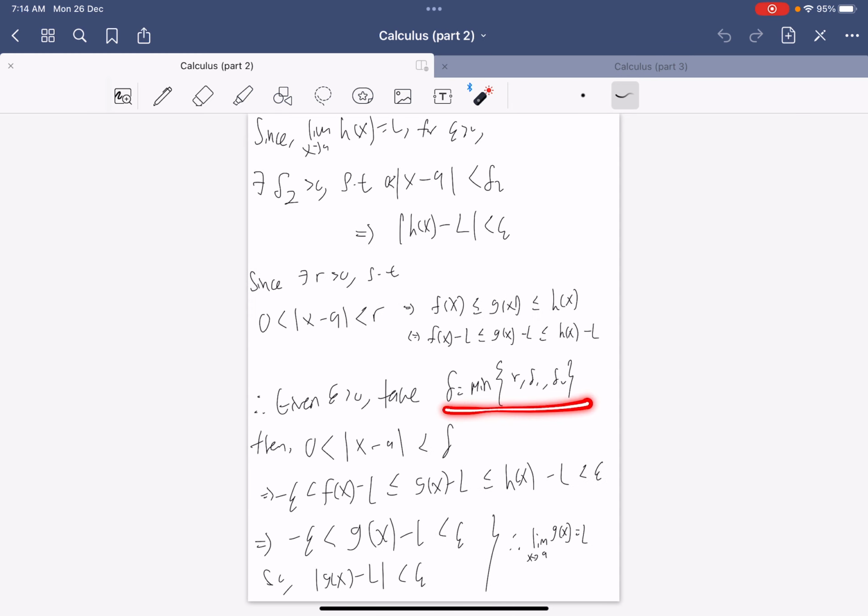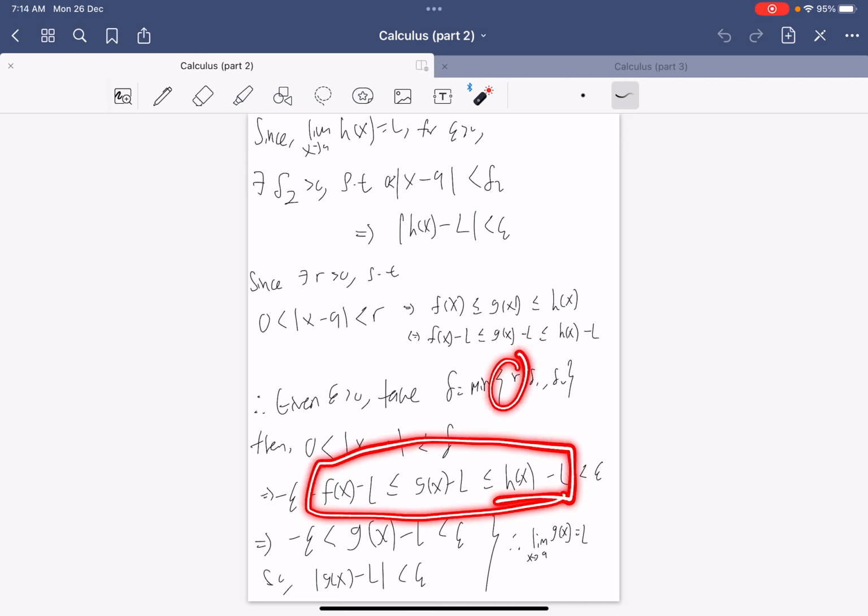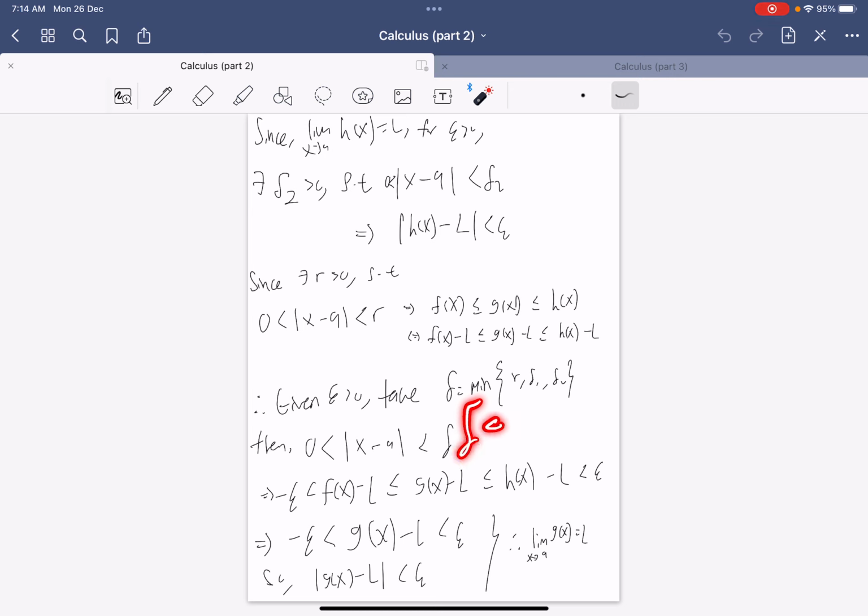so we take the minimum. It means that f(x) minus L is less than g(x) minus L, which is less than h(x) minus L, because delta is less than or equal to R. But we also know that delta is less than or equal to delta 1, and so f(x) minus L will be greater than minus epsilon. And we also know delta is less than or equal to delta 2, which allows this right hand side inequality to occur.